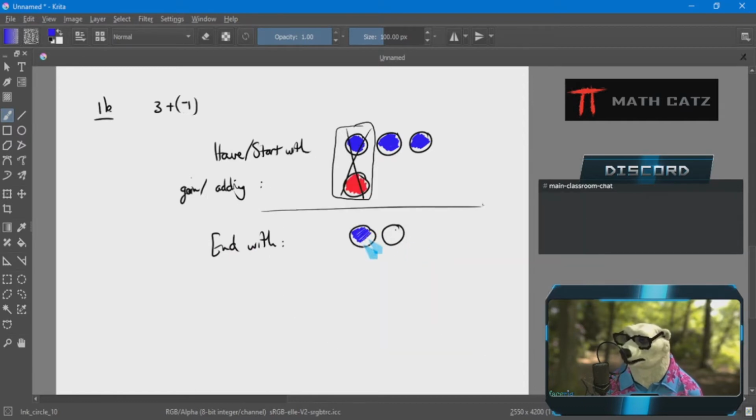I had 3 chickens. I gained a debt of 1 chicken. For some reason, someone did me a favor. I promised them a chicken, whatever the reason may be. What I'm left with, when I clean everything up, the net result is 2 chickens.